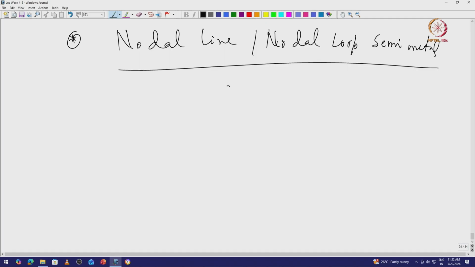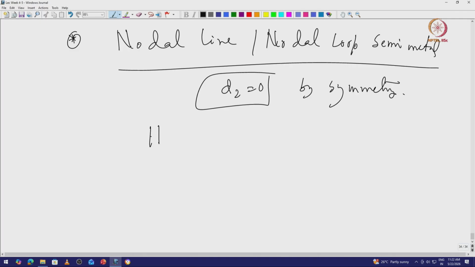So we talked about that one of them has to be 0 by symmetry, let us say. So we have a 2 by 2 Hamiltonian, but it will be only two terms, but in 3D.